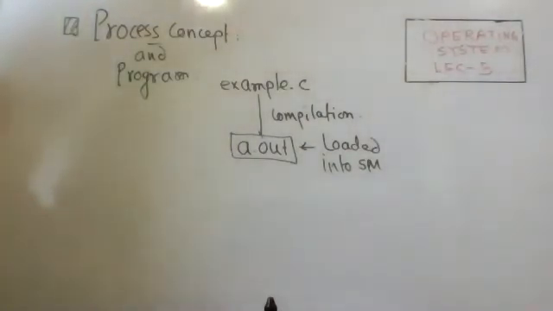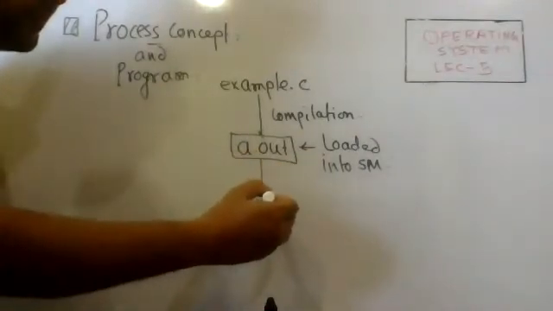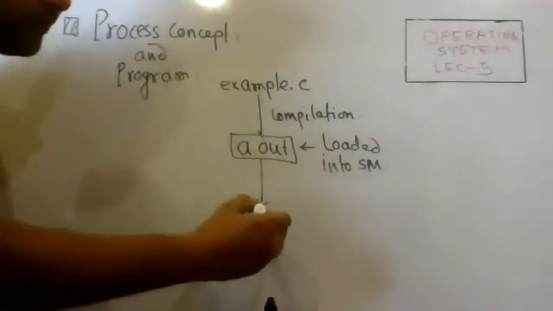Now, in order to execute this executable code, that is a.out, it has to be loaded into memory. So for execution, we have to load it into main memory.